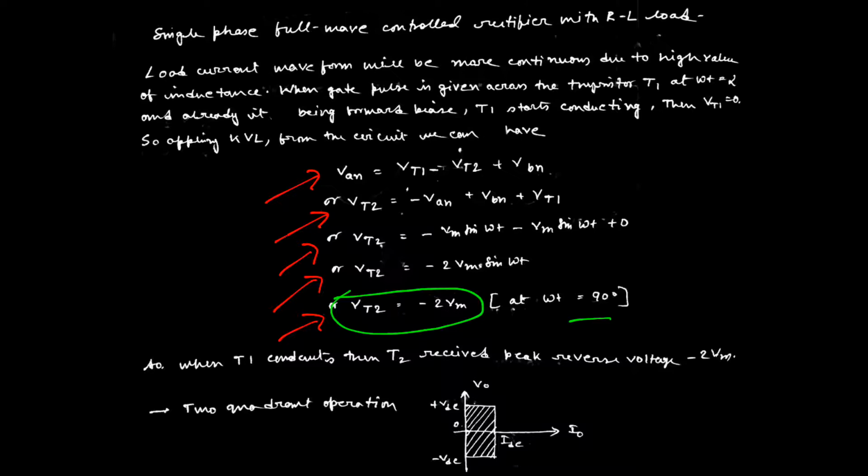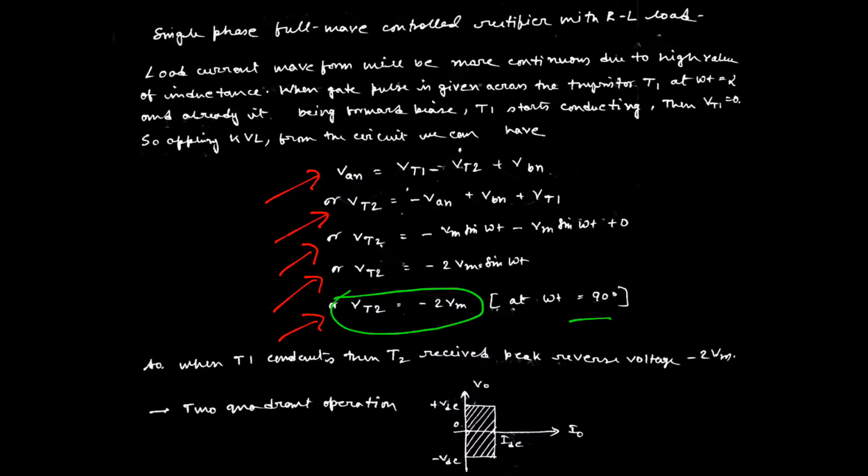One more thing: as it is operating with an RL load, it should cover two quadrant operation. This was described in my previous section on the half wave rectifier with RL operation. As the inductive load is there, during the positive half cycle of the supply voltage the inductor gets energy from the supply and stores it, and the stored voltage across the inductor rises up to the maximum point, the supply voltage Vm.